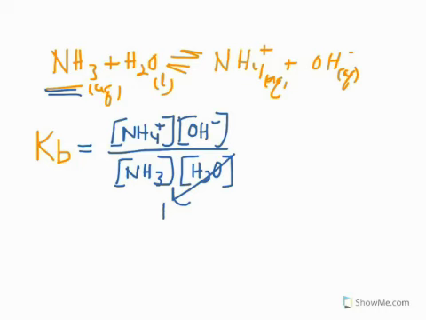It's really activity is 1. So that's our definition of Kb. And if I look up the Kb for this on our cheat sheet that you're given on the exam, it's 1.8 times 10 to the minus 5th. Okay, so that is what we define as equilibrium constants.